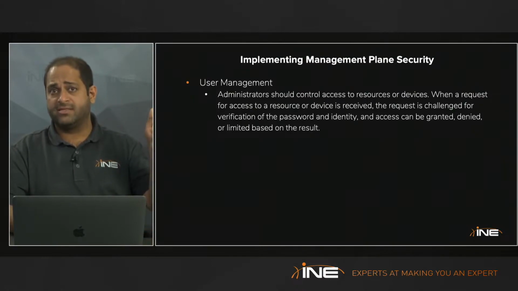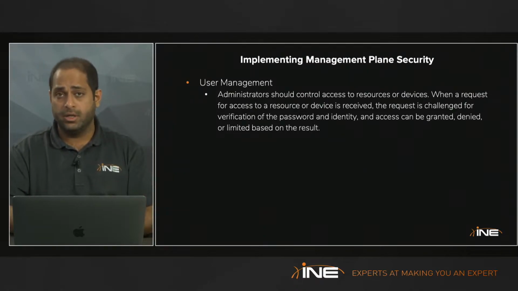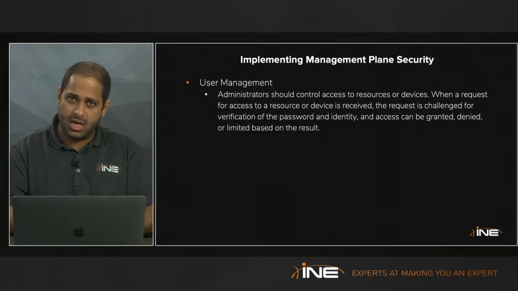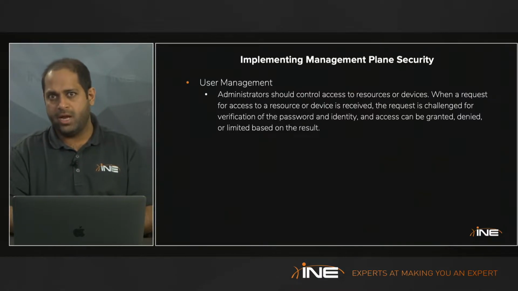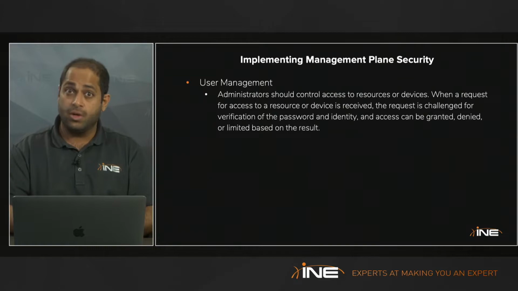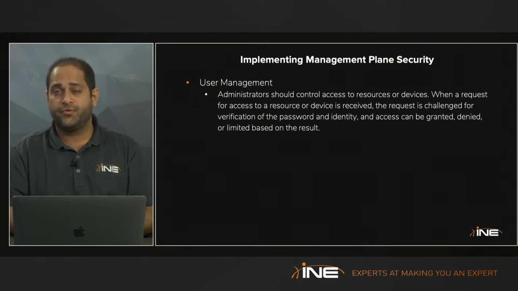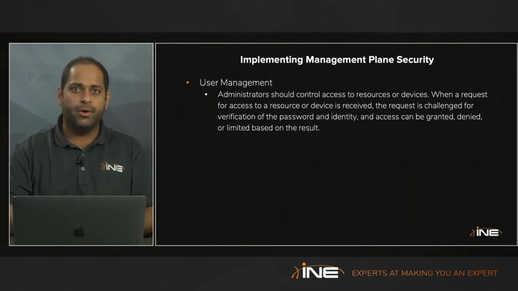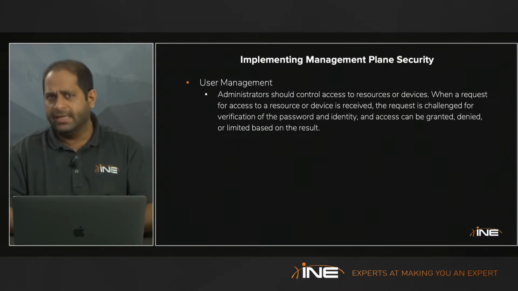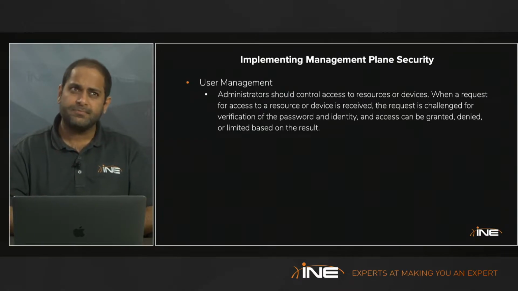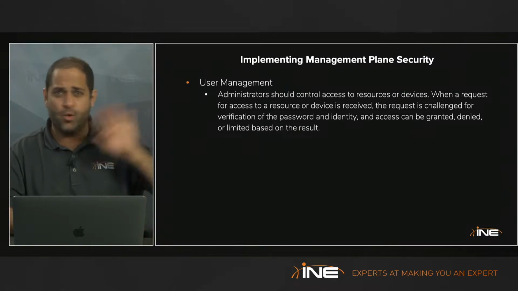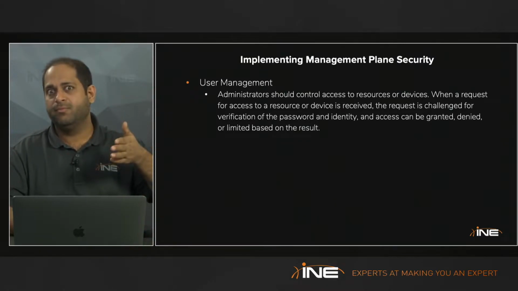If you try to access the router, it should prompt you for a username and password. That could be done locally by creating a local username and password, or you could do it through an application or a RADIUS server, which could be ISE, as far as Cisco is concerned. I mean, Cisco does have an ACS server, but that's going away. Cisco is mainly moving towards ISE now.